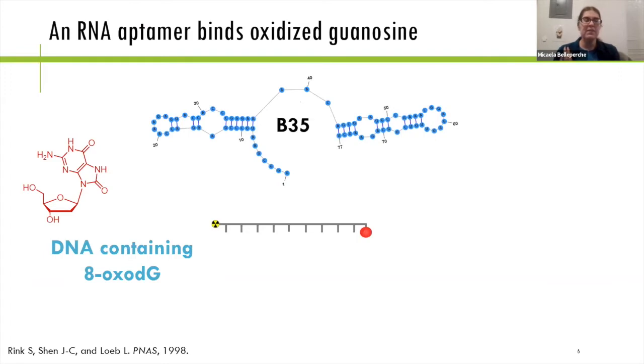Now, fortunately for us, to start this project, we were able to use a previously selected RNA aptamer for 8-oxodeoxyguanosine by Rink et al. in 1998. The aptamer was selected using 8-oxodeoxyguanosine on a column, but counter-selected using non-oxidized deoxyguanosine.